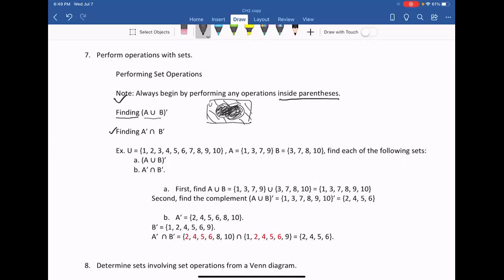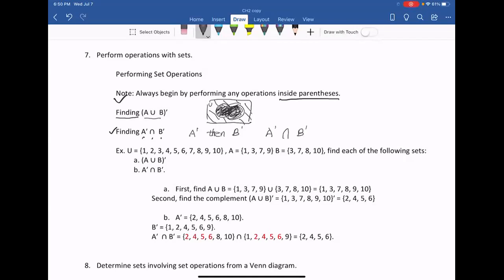And next one, finding the complement of set A intersect complement of set B. So first we find the complement of A, and then second step we find the complement of set B. And next step we do what? We do the intersection. Complement of set A intersects complement of set B.